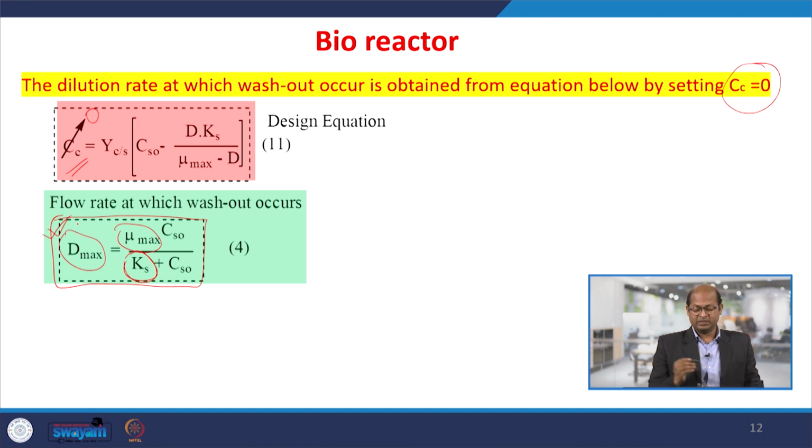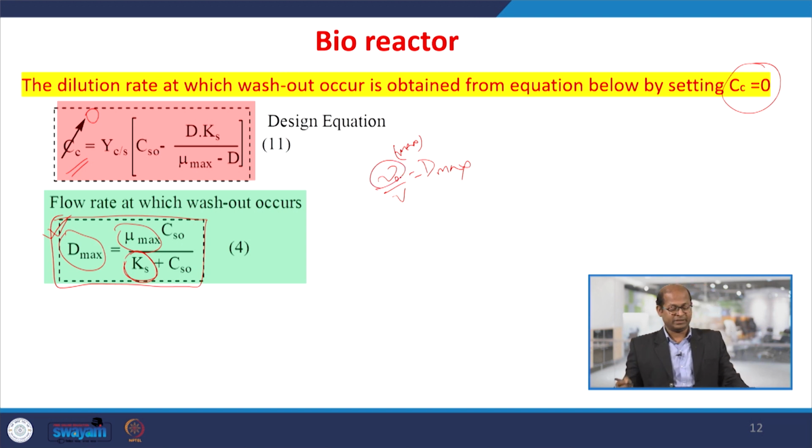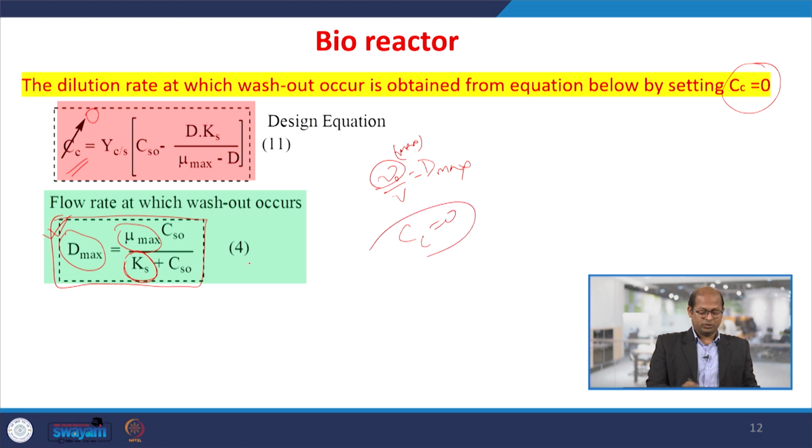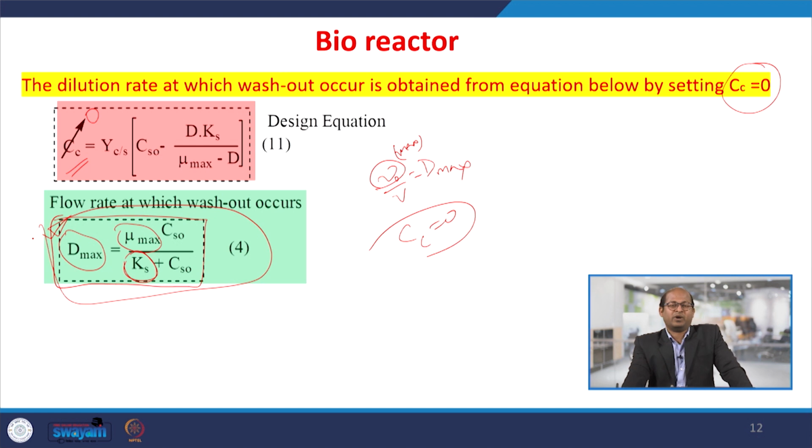D max is V naught by V, so this is the maximum volumetric flow rate we have to maintain for the cell concentration Cc to be 0. This is the washout condition.